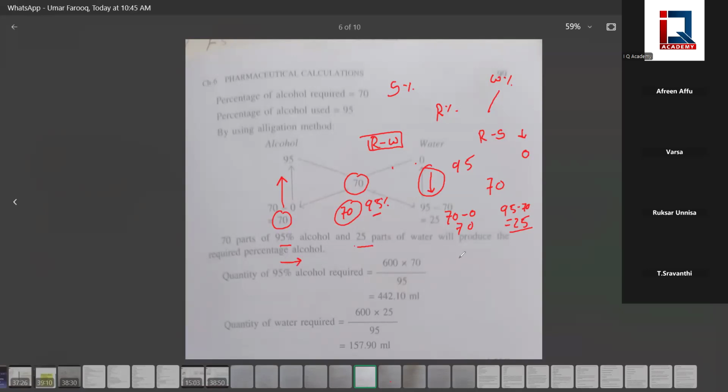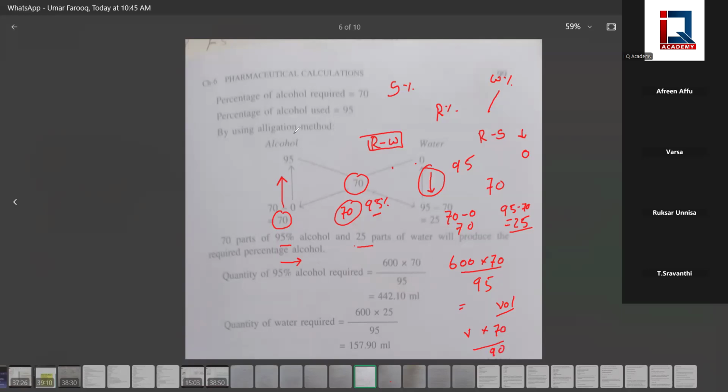If the 600 ml is given, so I'll multiply 600 into 70 by 95, which will give me the required volume also. To get the volume, what should we do here? Given volume into required percentage by total parts.